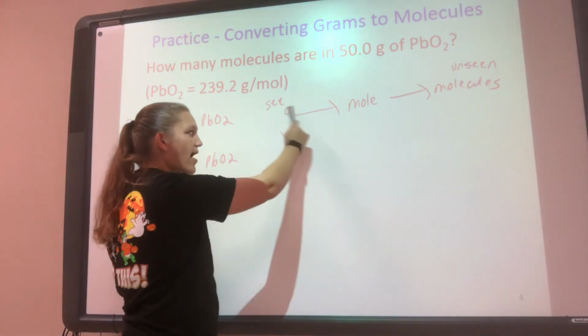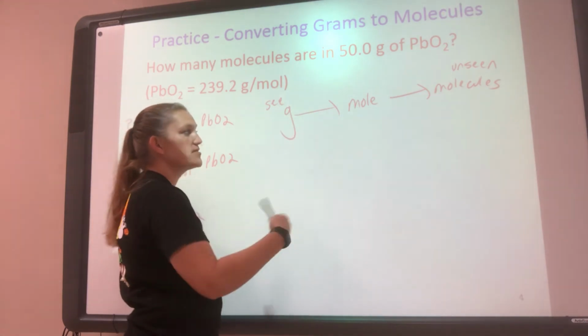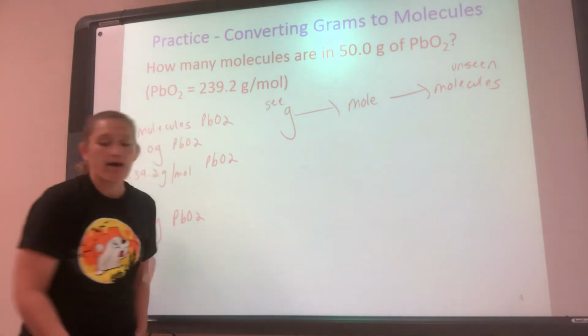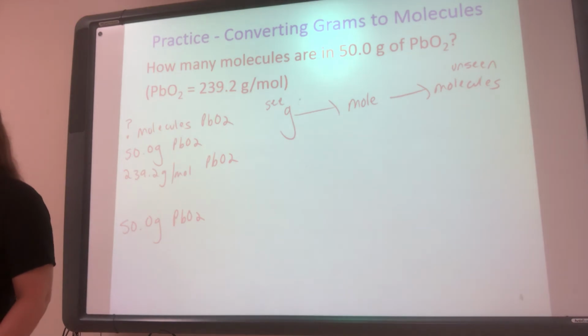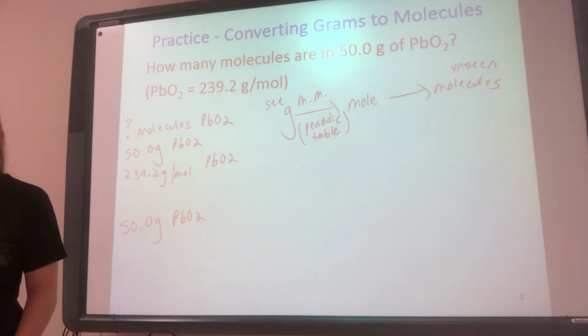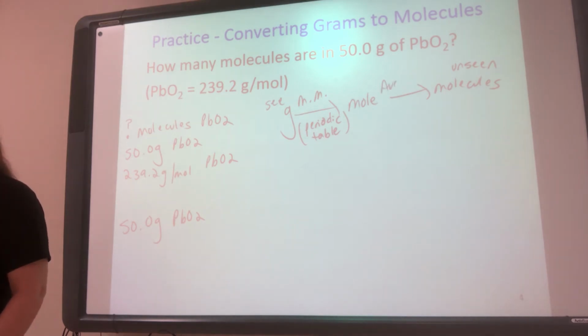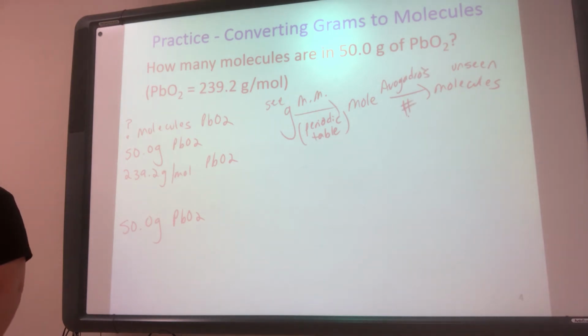This conversion is a type of mass, and that was my molecular mass, which comes from the periodic table. Then how do I go from my mole to something I can't see? That was Avogadro's number.